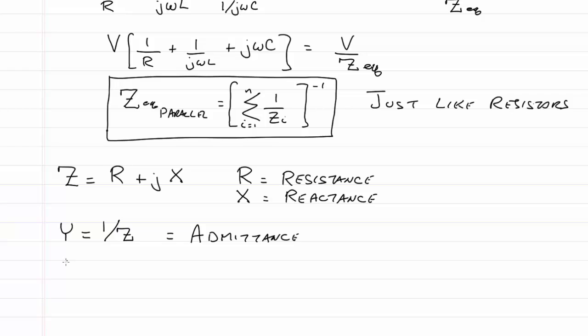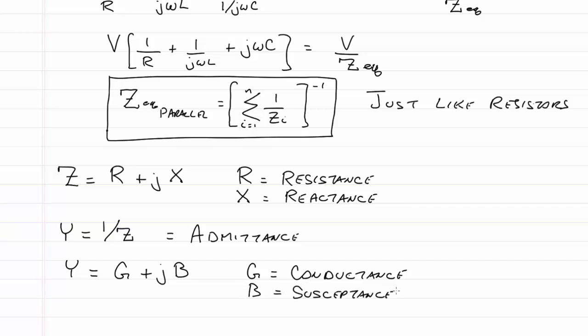The admittance Y has a real component, which we denote by the letter G, plus an imaginary component, which we denote by the letter B, where G, as you might suspect, is our conductance, and B is our susceptance.